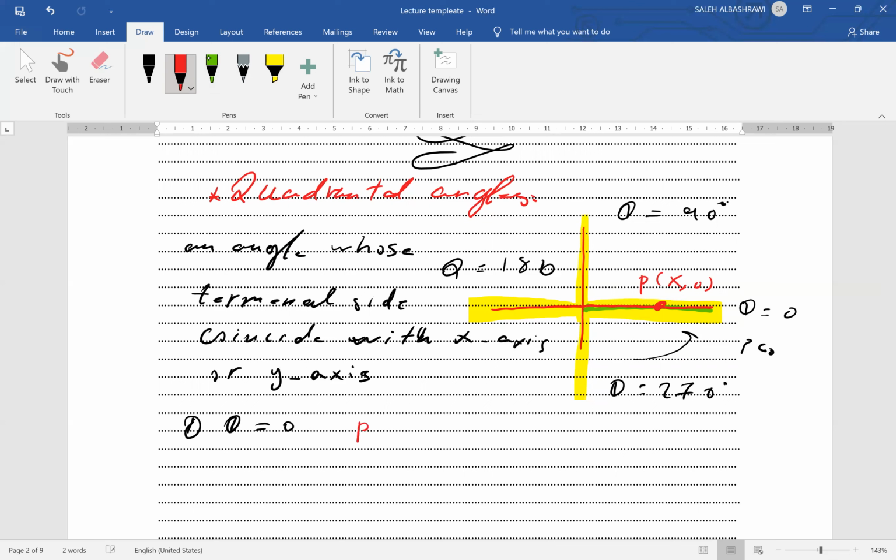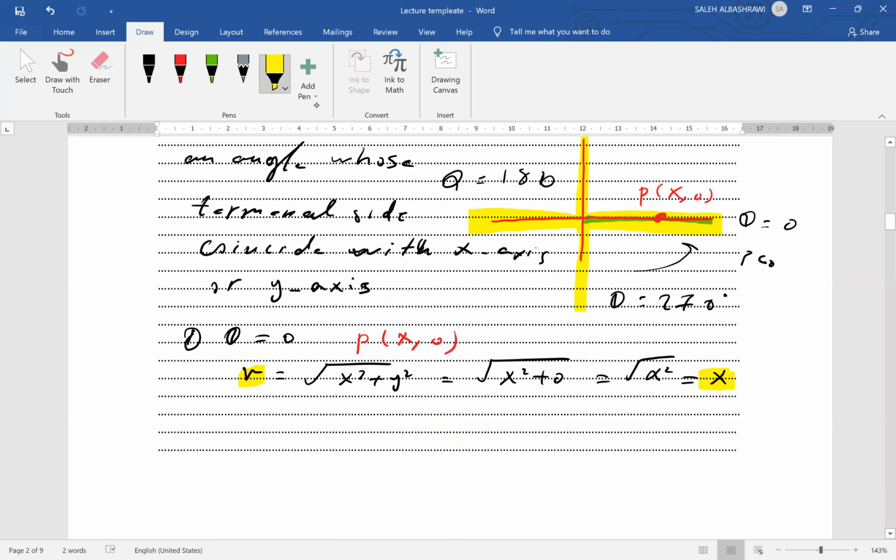It means r, which is equal to square root of x squared plus y squared, will give me square root of x squared plus 0, which is equal to x. In this case, r equal to x.